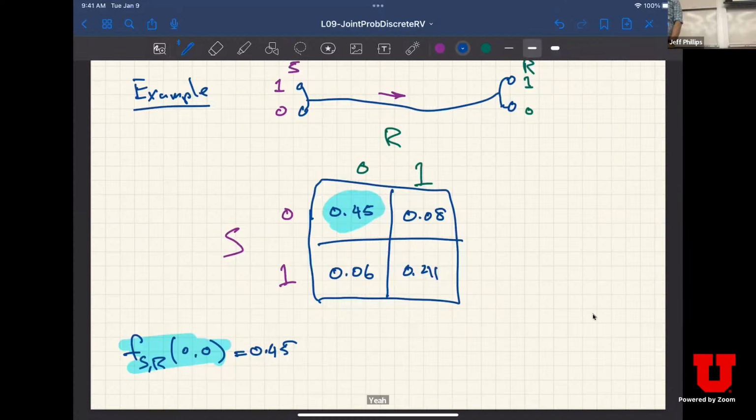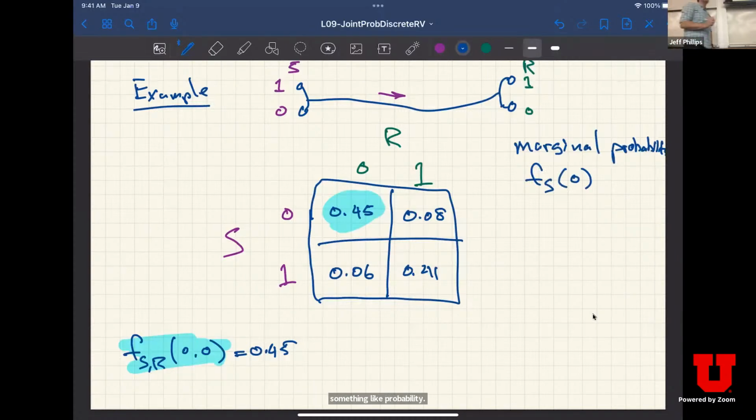So something you can do here, one important thing to do off this table, is to get what's called the marginal probabilities. I would like to use this table to get the marginal probability. And this would be something like probability f of s equals 0, right?